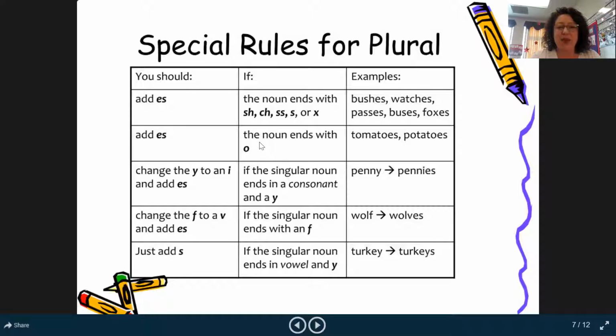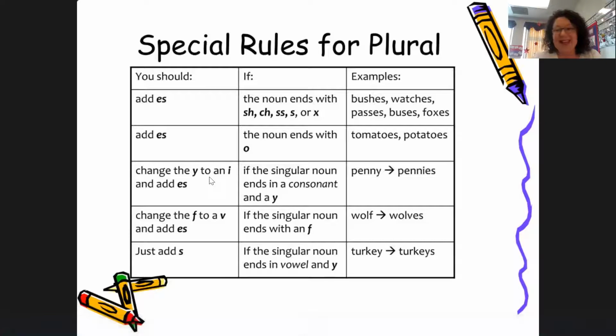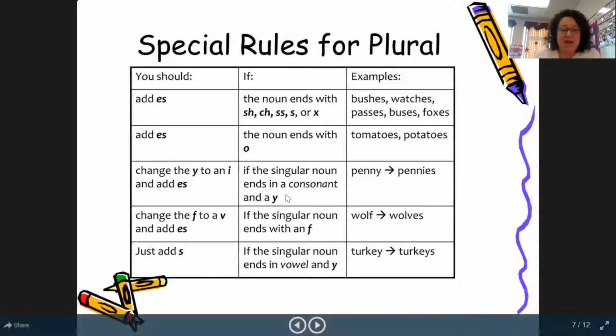If the noun ends in an O, you also add an ES, like tomatoes and potatoes. We should know by now, change the Y to an I and add the ES, if a singular noun ends in a consonant and a Y. So like the word penny ends with a consonant and then Y, we change the Y to an I and add the ES.